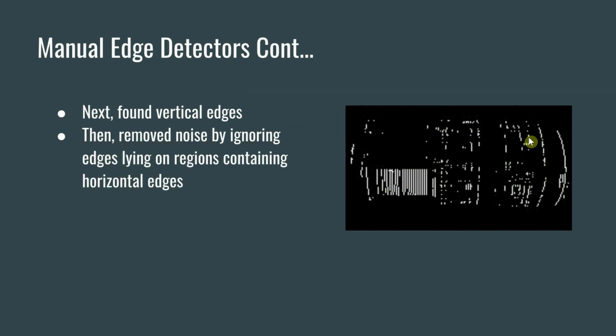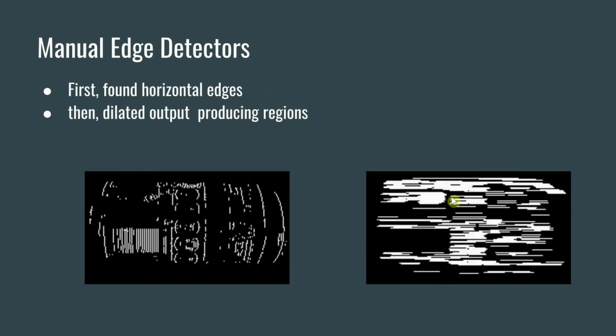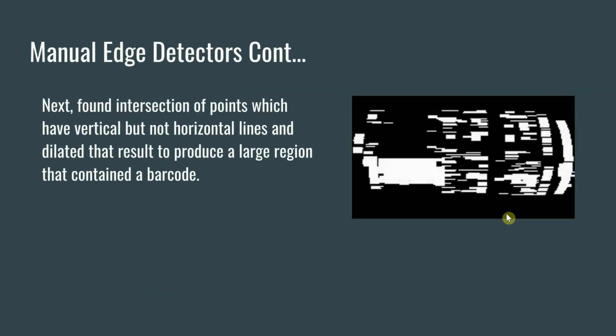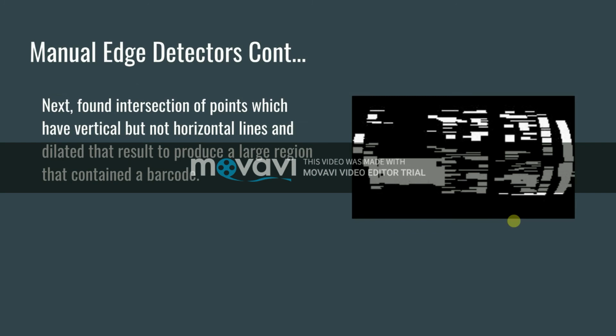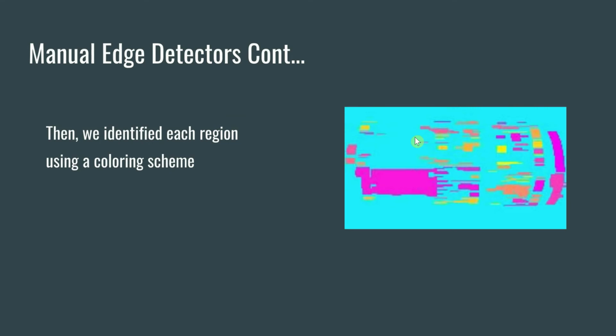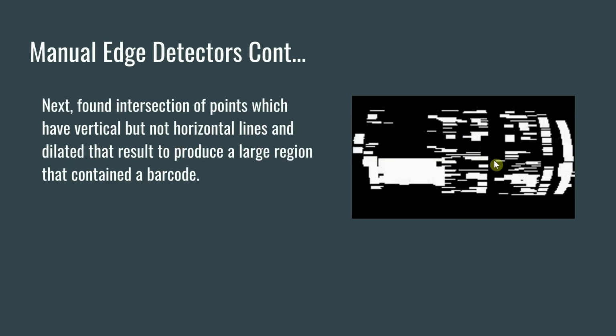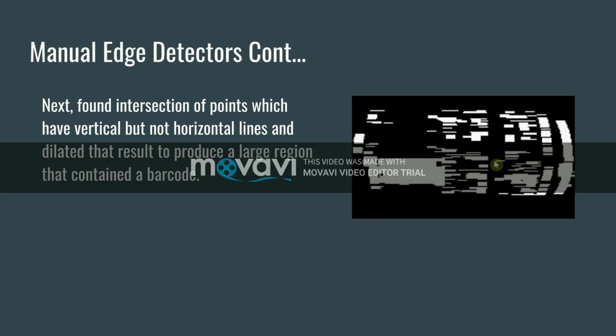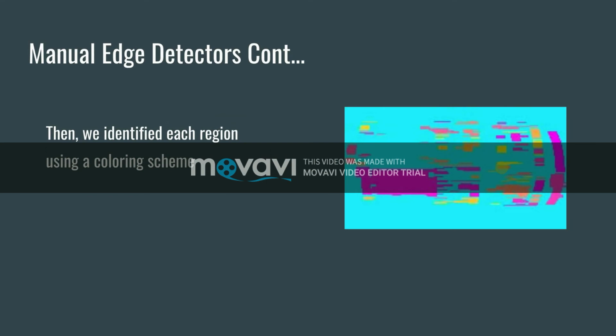Still, we have some horizontal, but it's less than the vertical. After we did the vertical and horizontal, we intersected the regions, and we were able to remove the background because the horizontal wasn't needed. We just removed the entire horizontal layer.